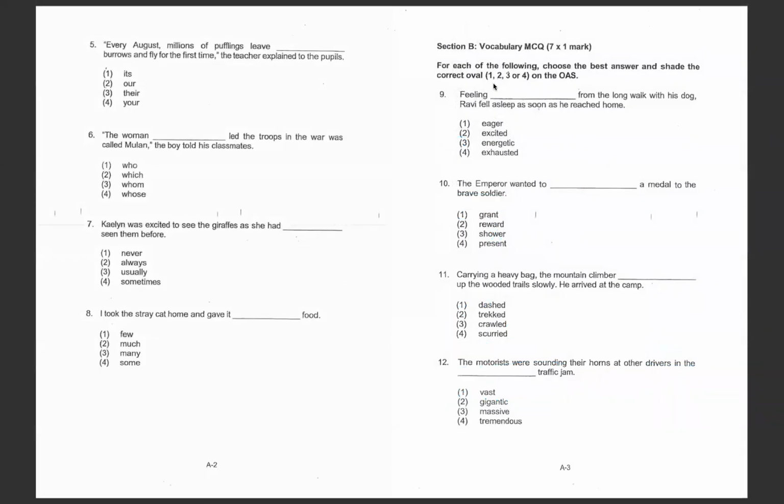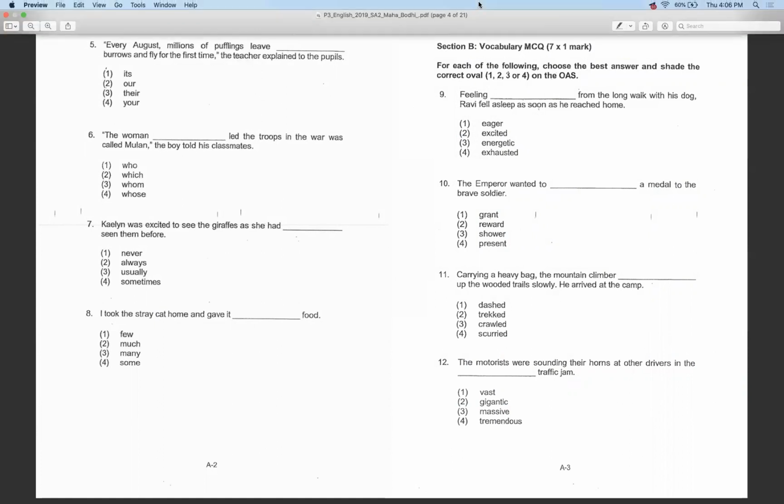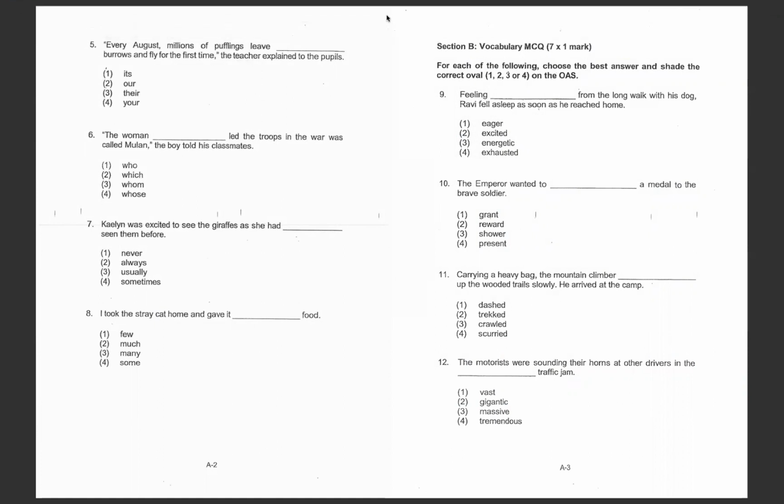Okay, now let's move on to question 5. Every August, millions of puffins leave their burrows and fly for the first time, the teacher explained to the pupils. Now, for question 5, the answer is option 3, "their". Why is it "their"? Because millions of puffins, right? Millions.